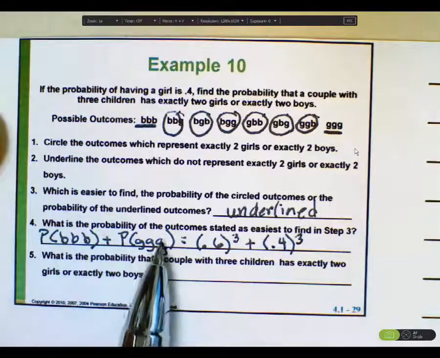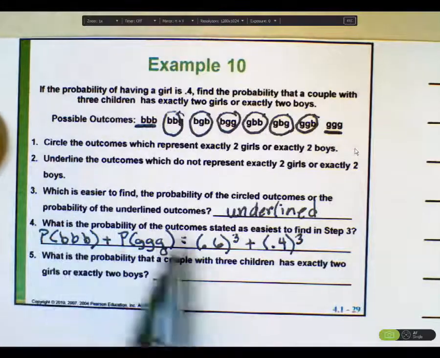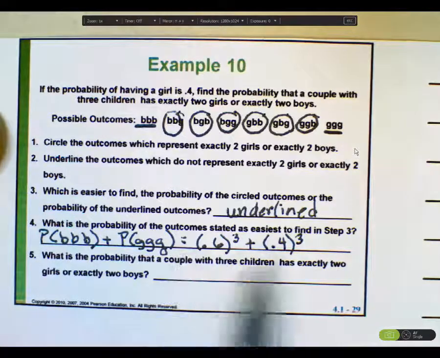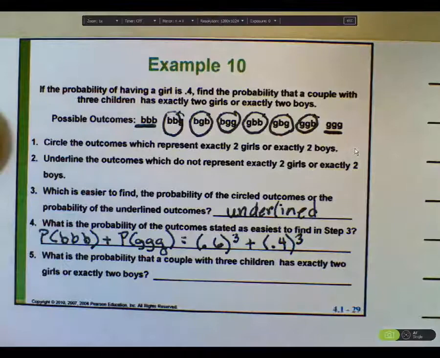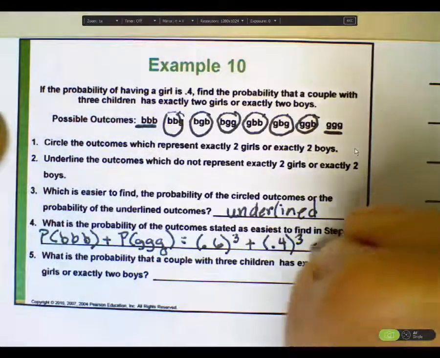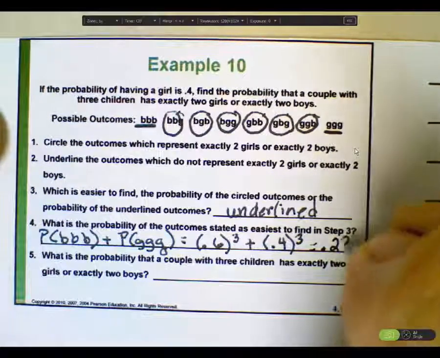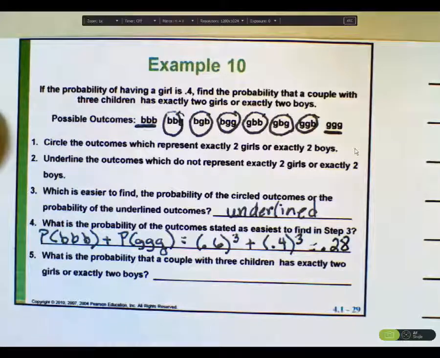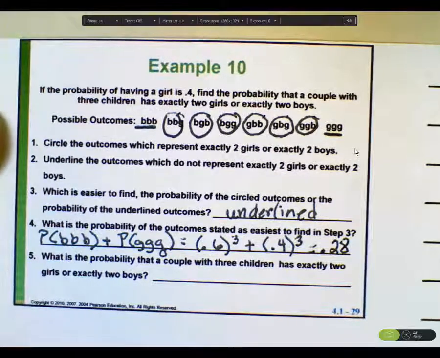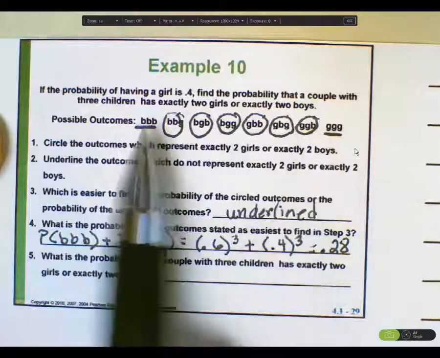And since I'm looking for the probability of either of these 2 things, I add those 2 probabilities. And I get that the probability of all boys or all girls is 0.28. That's the probability of these 2 events.